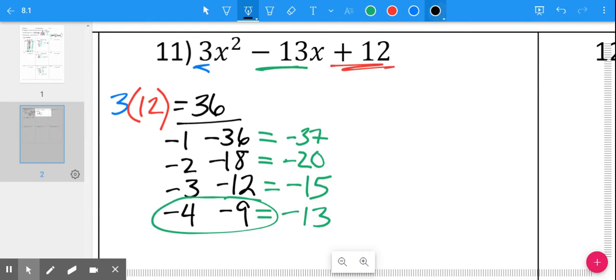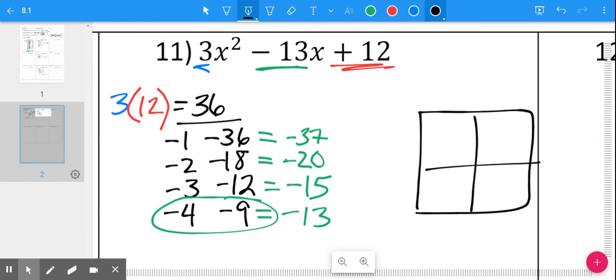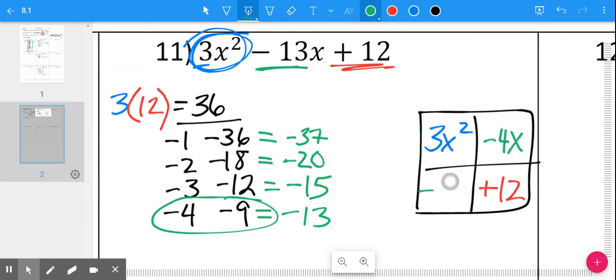So again, we set up the box, our area model. Our first term, 3x squared, goes in the first box. Our last term, that positive 12. And then our middle term, we make that middle term up by doing negative 4x and negative 9x.